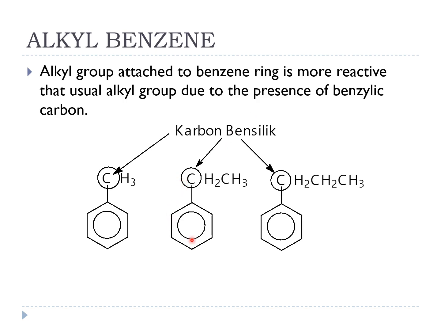For example, in ethyl benzene there are two carbons here. The first one, attached directly to the benzene ring, is called the benzylic carbon, and this is more reactive than the other carbon.